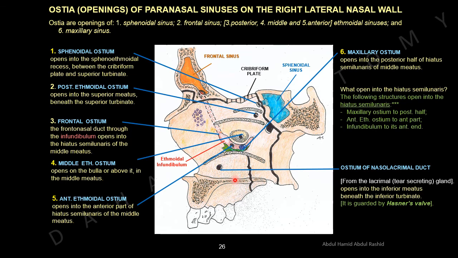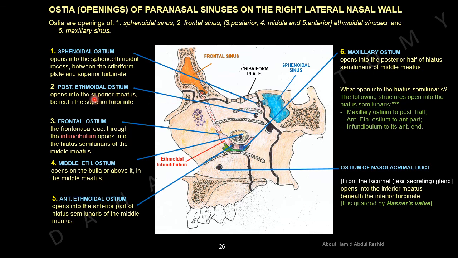Now let's talk about the ostia. The first one is sphenoidal ostium, that is the opening of the sphenoidal sinus. It opens into the sphenoethmoidal recess. This is the opening of the sphenoidal sinus. It opens into the sphenoethmoidal recess, which is between the cribriform plate and superior turbinate.